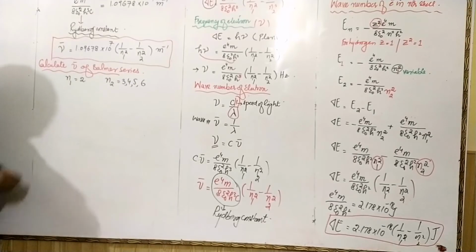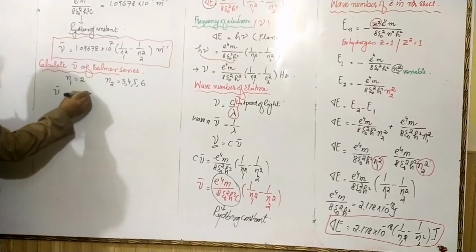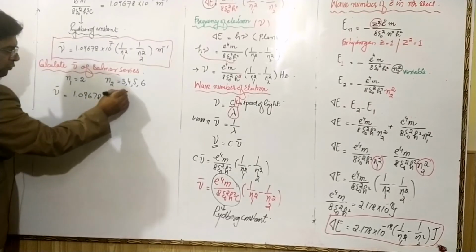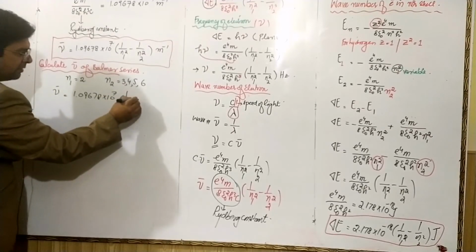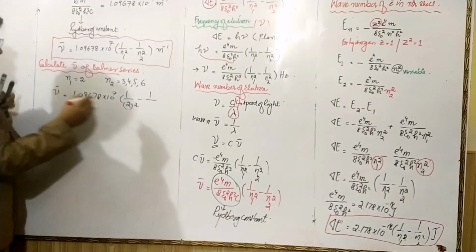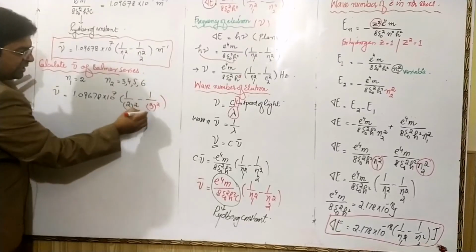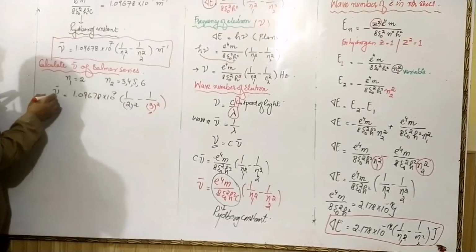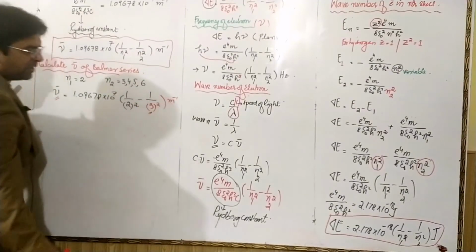For Balmer series, the wave number is equal to 1.09678 into 10 raised to 7 into 1 over n1 square, where n1 will be 2 for Balmer series, minus 1 over n2 square. n2 can be changed. Initially it is written as 3, then we can replace it by 4, 5, 6. We will be able to calculate the wave number, whose unit is per meter.